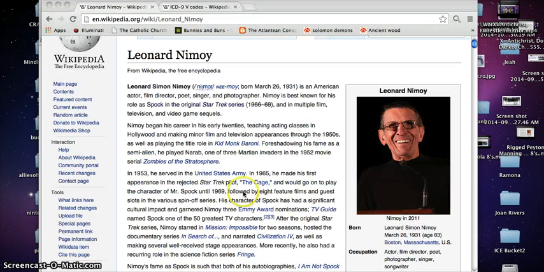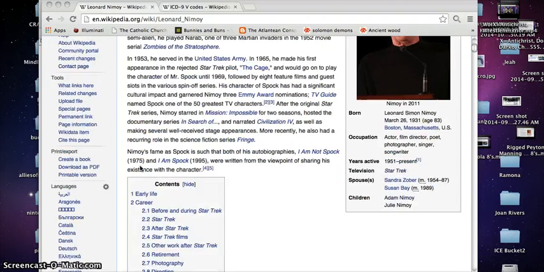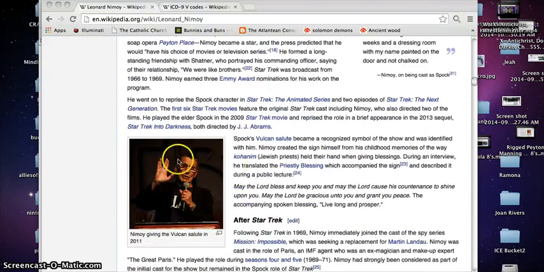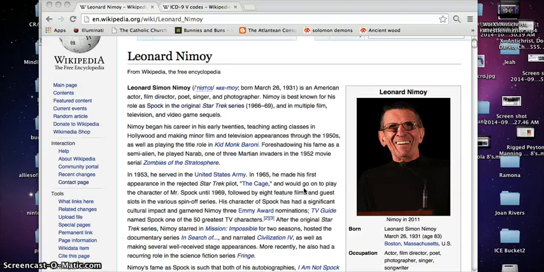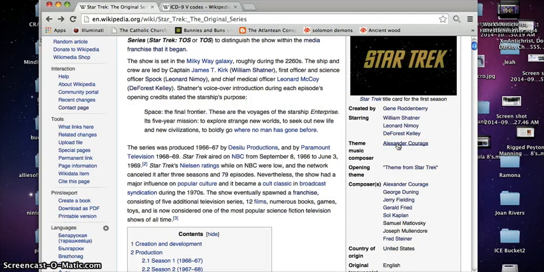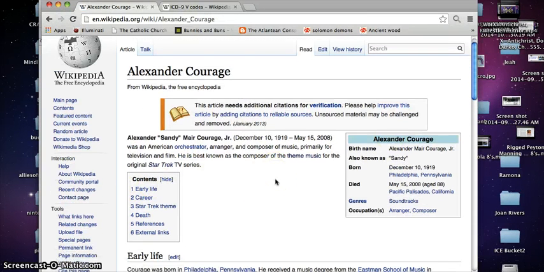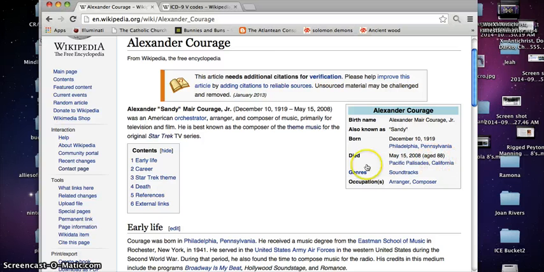The guy who played Spock here, Leonard Nimoy, he's also 83 years old, and I just wanted to show you why I thought of Star Trek and the V here, because this is what Spock did, like greetings, that was his thing, and he makes the V. So this guy right here wrote the theme music to Star Trek, and he died when he was 88 years old.